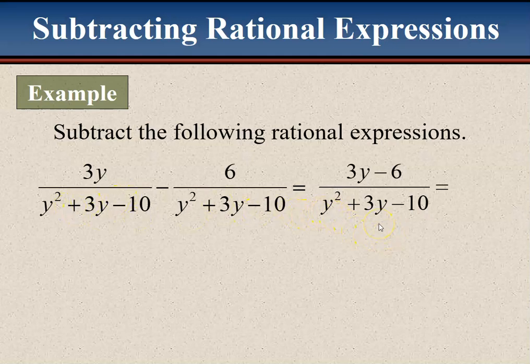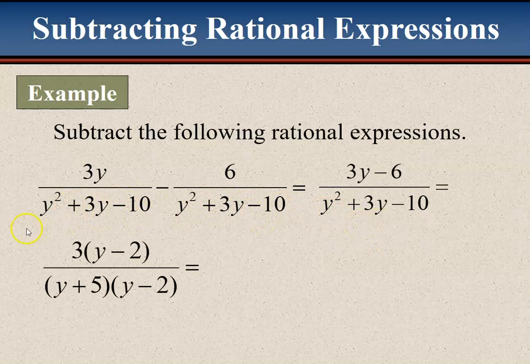After that, find the common factor. We will have 3 times y minus 2. The denominator will be y plus 5 times y minus 2. Then we can cancel out y minus 2 over y minus 2. Therefore your answer will become 3 over y plus 5.